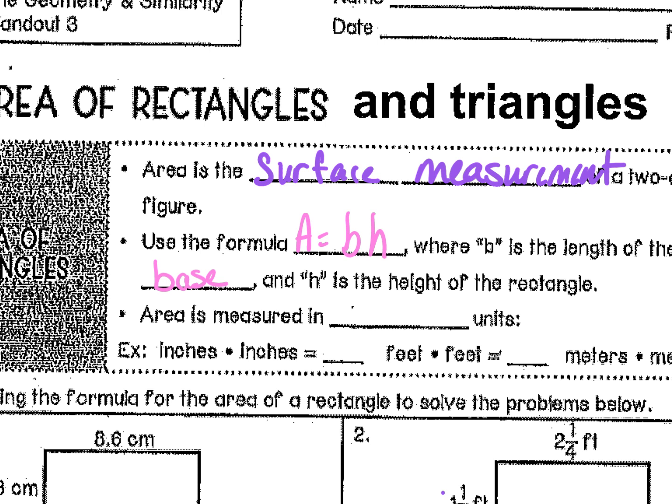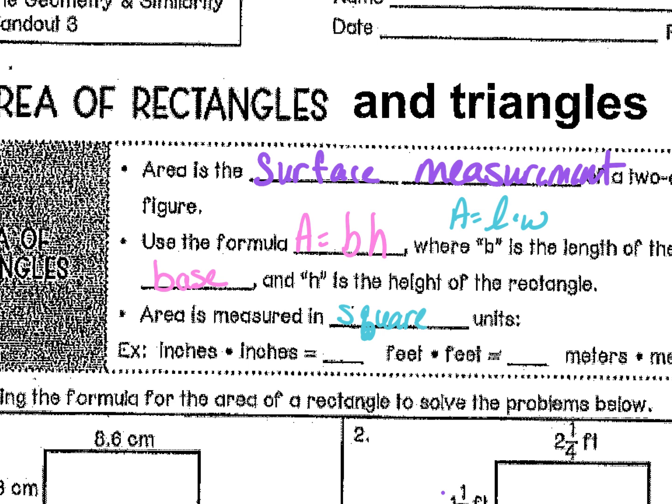So I know you guys have learned area is equal to length times width. We switched to base times height. Both formulas are the same and they are correct. It's just talking about different figures. Okay, area is measured in square units. We are in the second dimension.